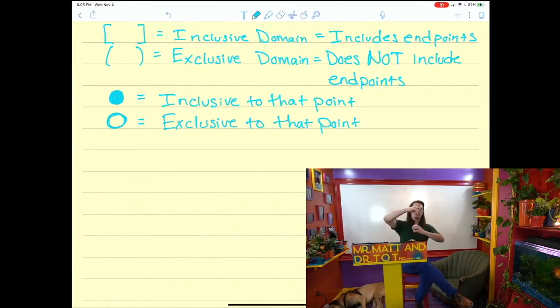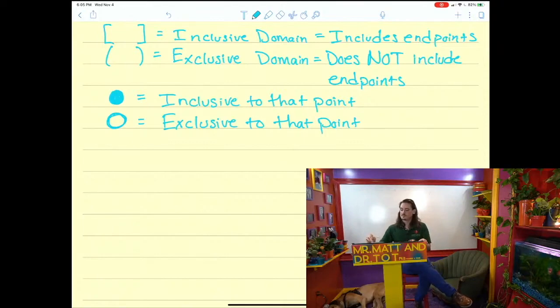So we might have two different functions like this, and they both share this one point here, but one might have a solid dot and the other line might have a hollow dot. So this function doesn't accept that input value right here. It's this function that counts. So if we're talking about straight lines.